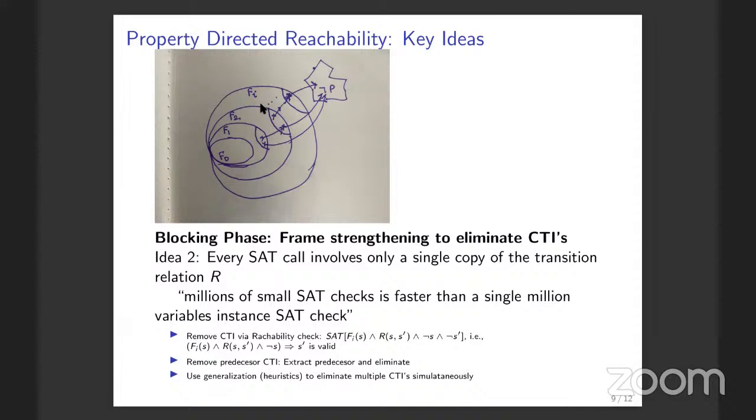You could. Are there any implementations that do that? Or no, most of them use SAT.